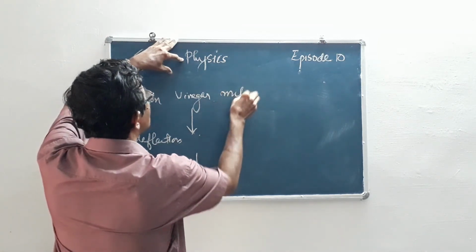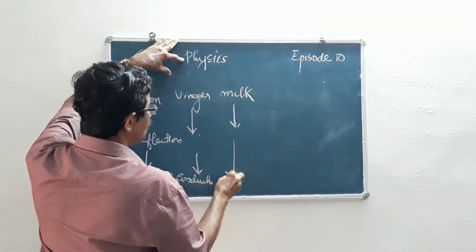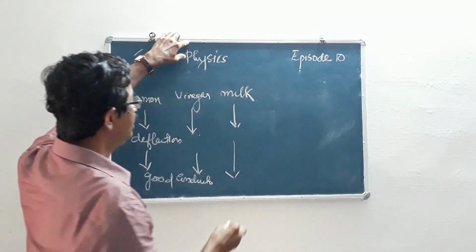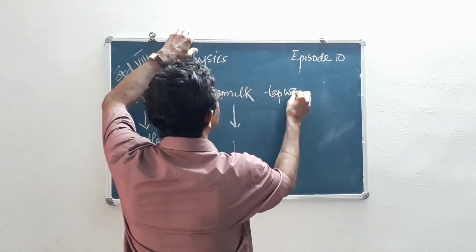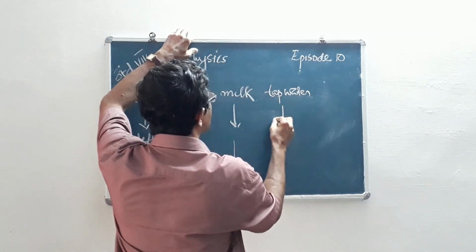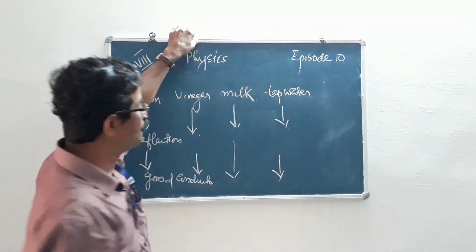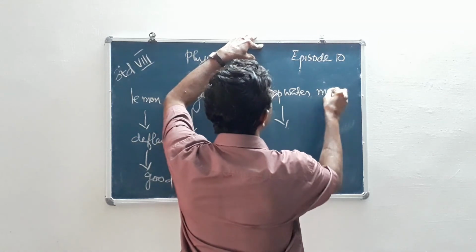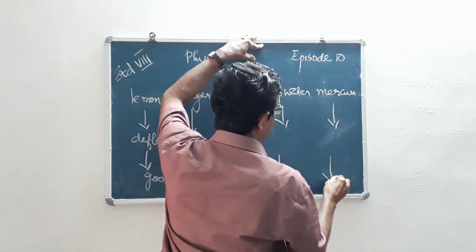Then milk, deflection, good conductor. Then tap water, we can see deflection, good conductor. Then if we use mercury, deflection, good conductor.